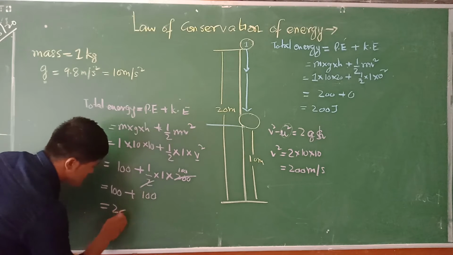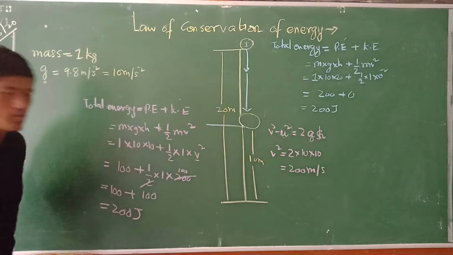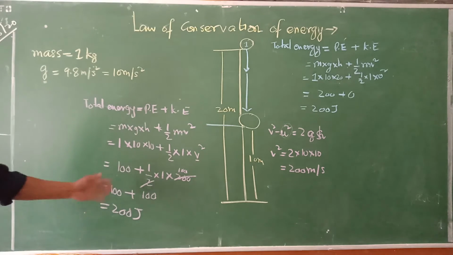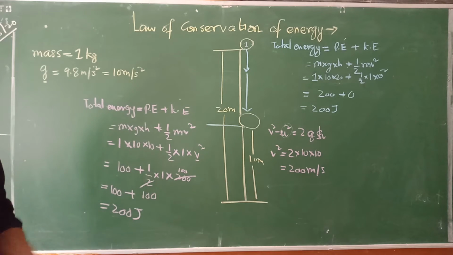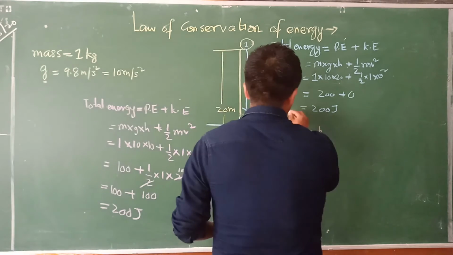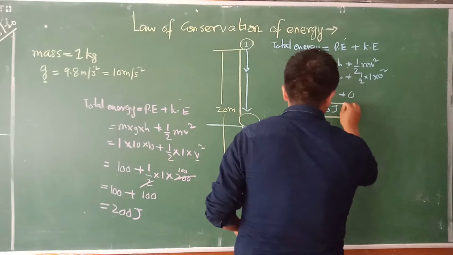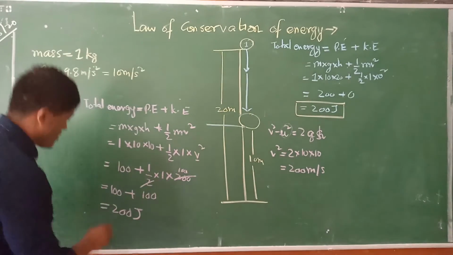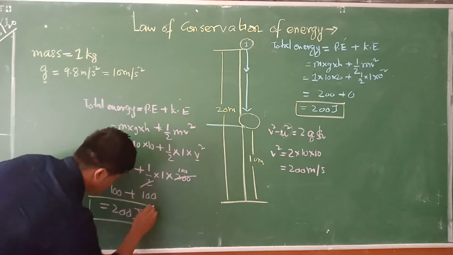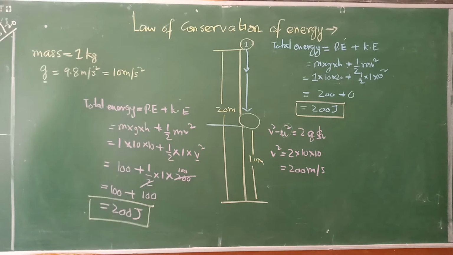When you sum up these two, 200 joule. Understand? So it's coming out to the same. Over here, the total energy has been 200 joule, and over here also, the energy has been 200 joule. Is that clear? Okay.